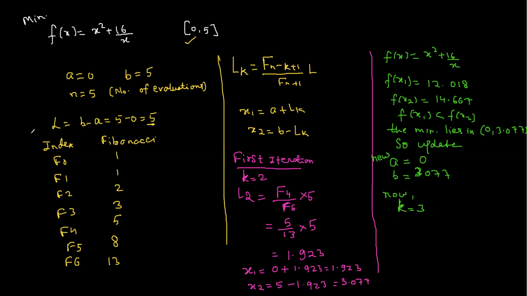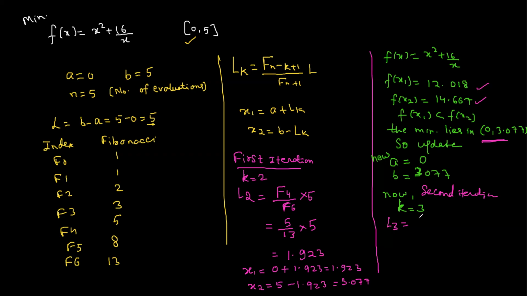This is the second iteration, right here. First is up to here, and this one is your next iteration.